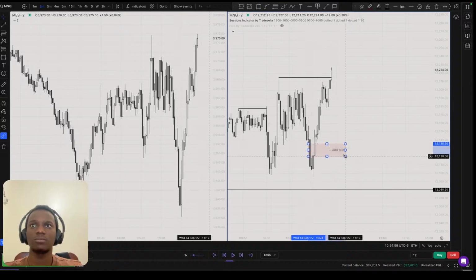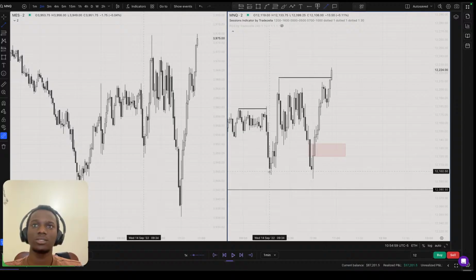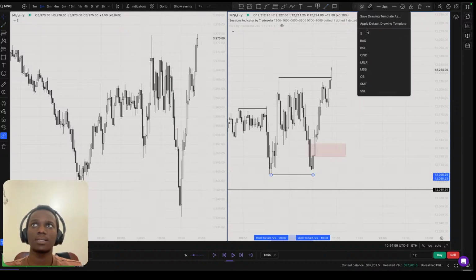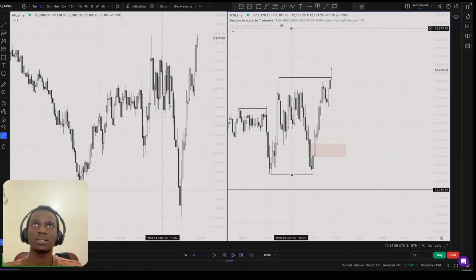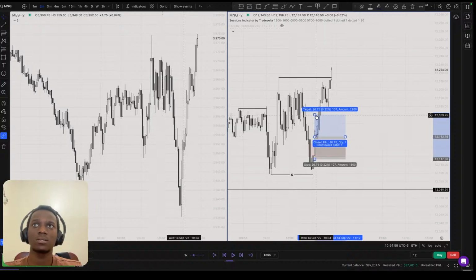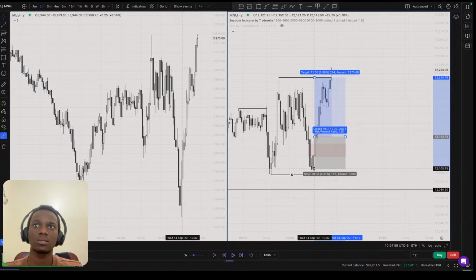Terminal inversion, so another entry would have been here. You can also see sweep. So there's a full 2 hour here.